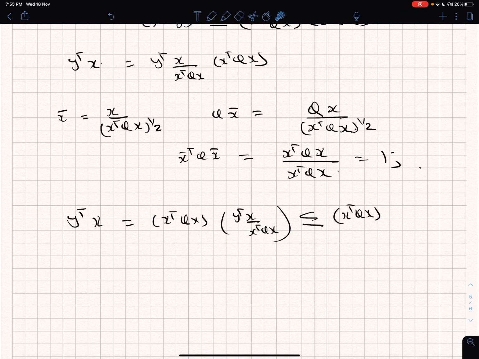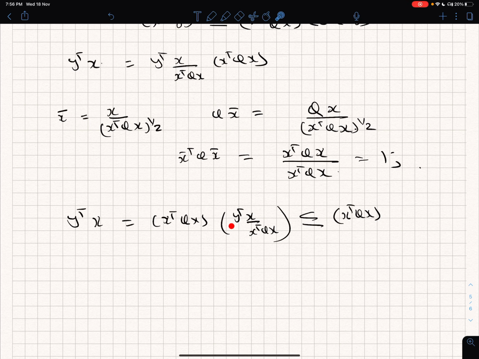The less than or equal to is coming from here, because this is a vector x bar such that x bar transpose qx bar is 1.